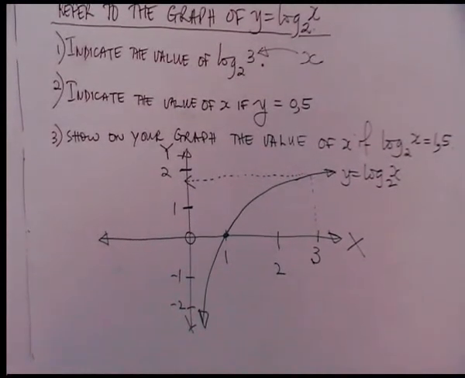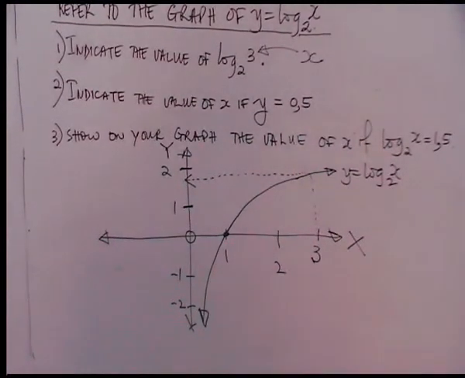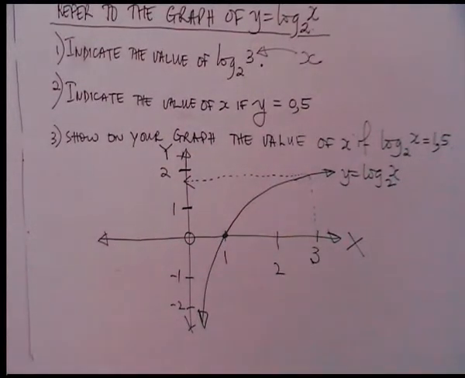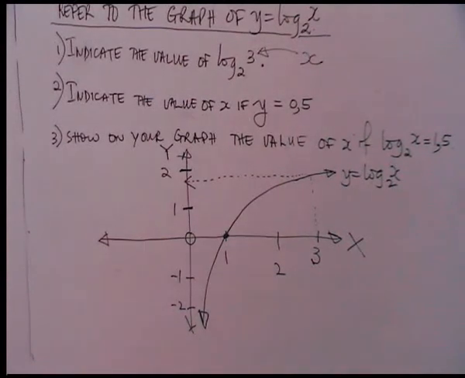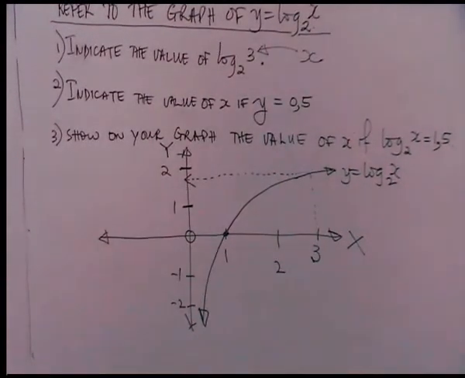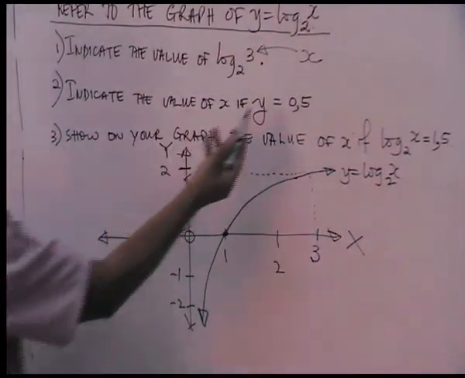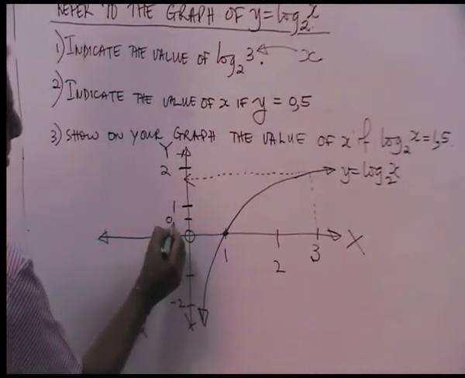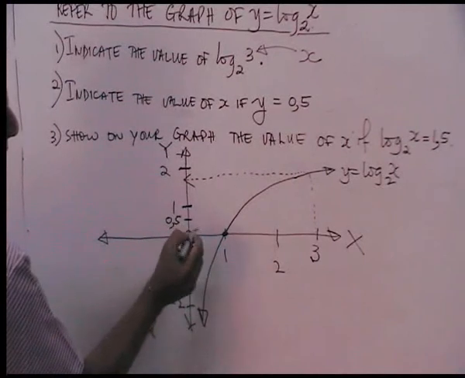Second one. Indicate the value of x if y is equal to 0,5. Well, this time I'm given the value of y. Y is 0,5. So 0,5 is here.